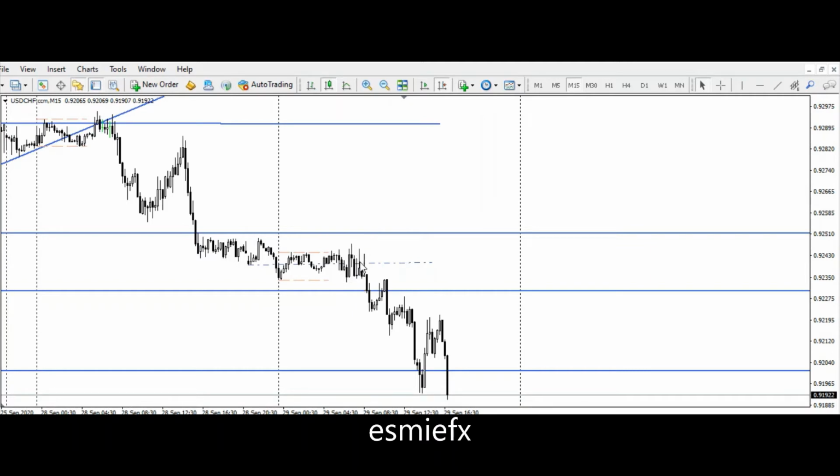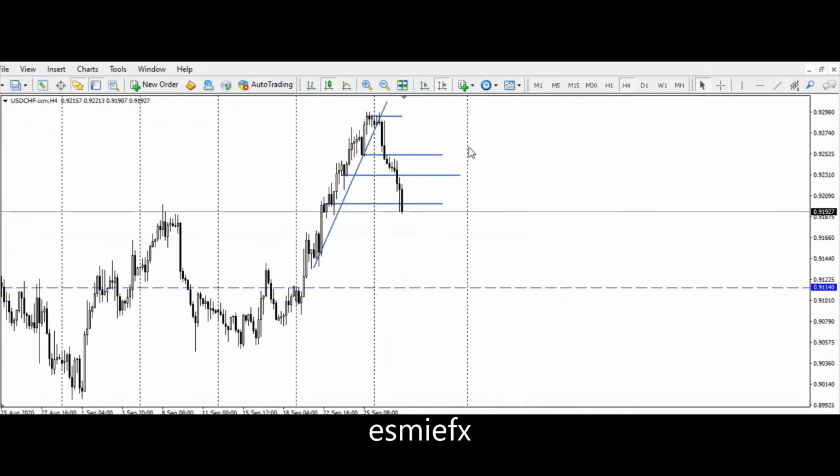It was here, just like Euro. It was quite volatile here, and then it dropped and broke the market structure here, and this one was at 11:30, same as Euro. The trade for London was 11:30, and then there was one here for New York at 1:15.